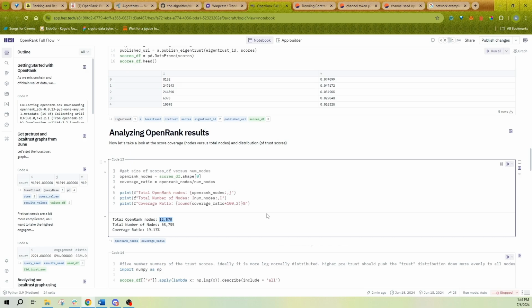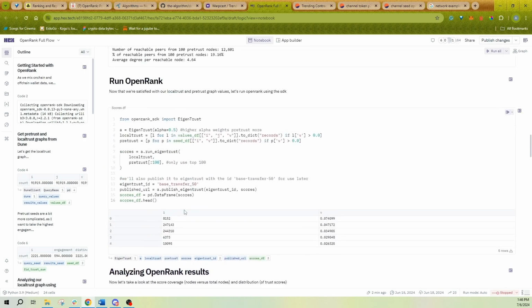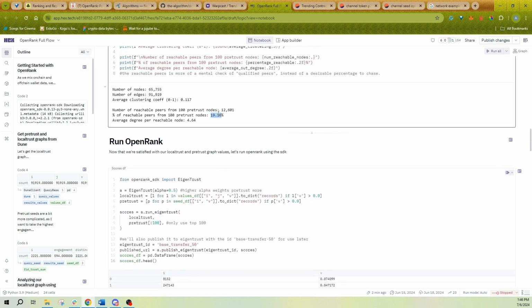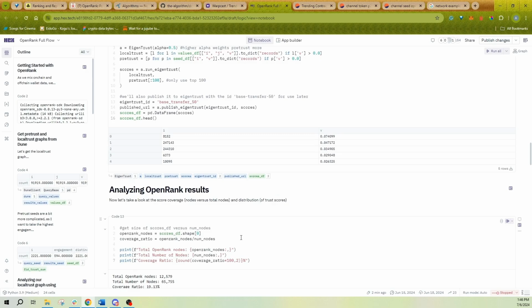That means there are some people who scored so low they weren't included. But something you should quickly note is that the coverage ratio of your OpenRank output is going to basically match whatever your reachable peers was from your input data. You can use that mentally to gauge things. I know you're probably wondering, what do these values mean?